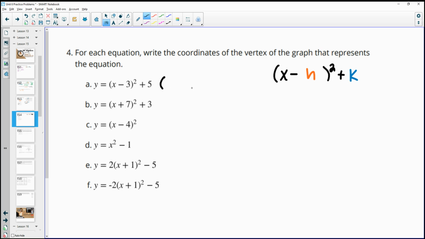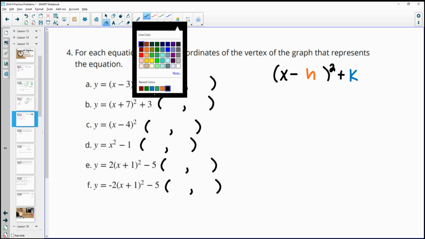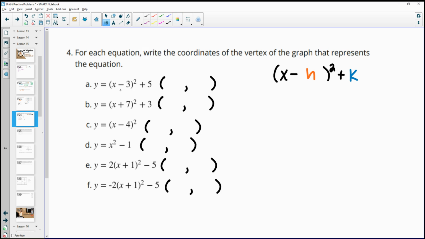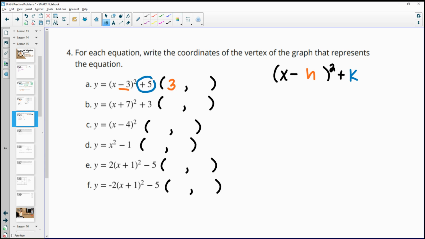Okay, so when we write this, I'm just going to put these for each thing so that I can write it out quicker. All right, so when we look at this for the x coordinate, the opposite of -3 is +3, so that's what we're going to want. And then our y coordinate is just this number, 5.